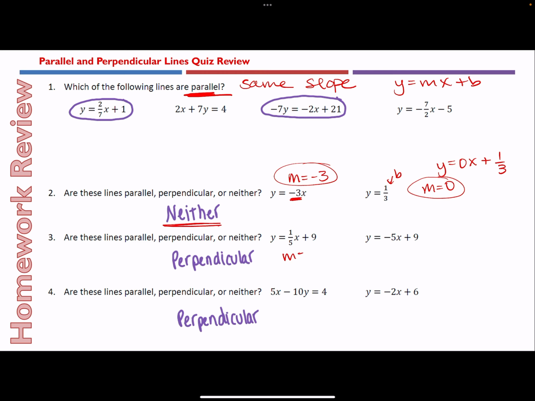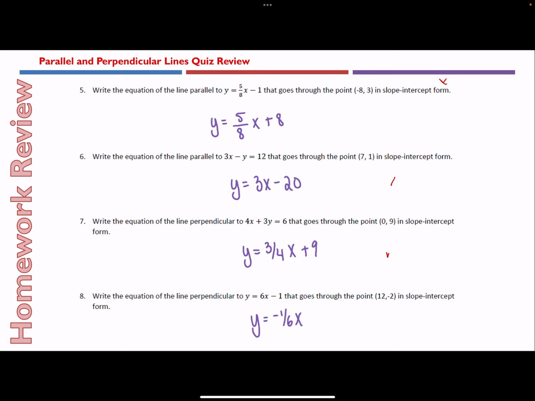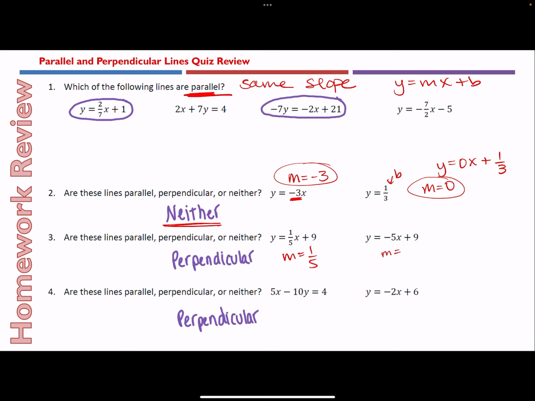Number 3, your slope is 1/5. The other slope is -5, which is like -5 over 1. They're opposite signs, and the fractions are flipped. Number 4, you have to solve this for y, right? You have -10y equals -5x plus 4.